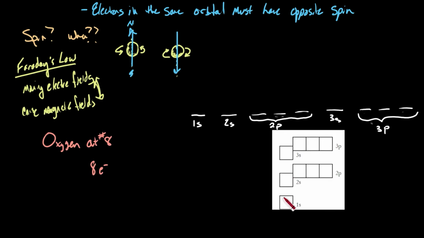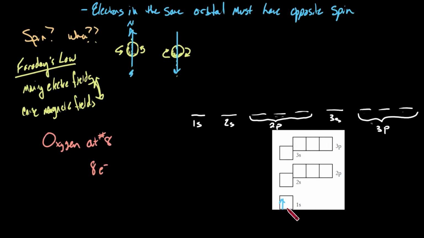Okay. First electron goes there. Second electron, we have to obey Hund's rule, okay, which means that we have to fill up an orbital at that energy level or that sublevel before we can accept a roommate. Well, there's only one sublevel. There's one S sublevel. Okay, so it's ready for the roommate.